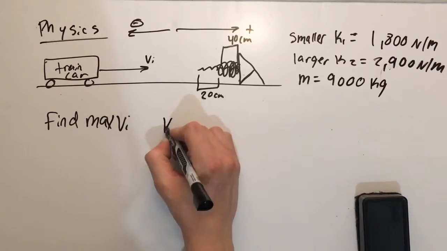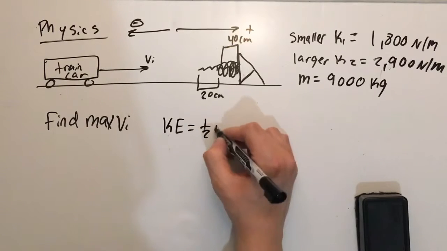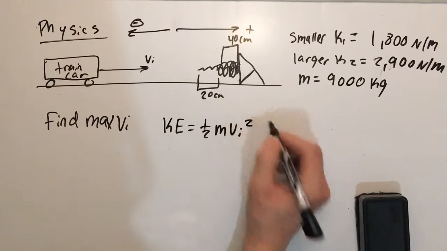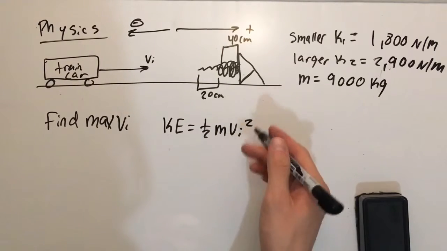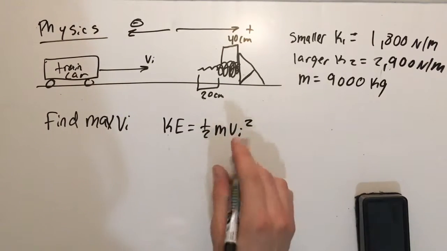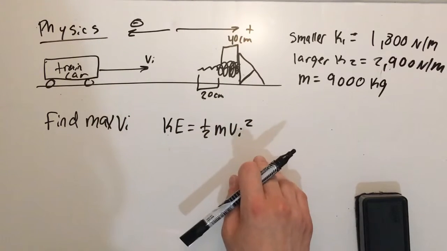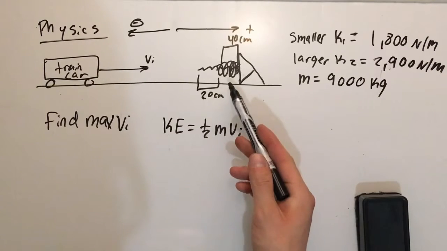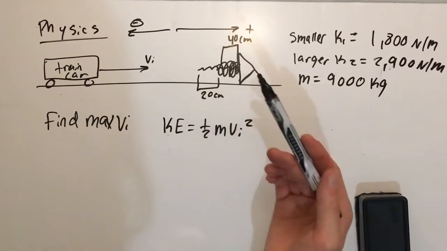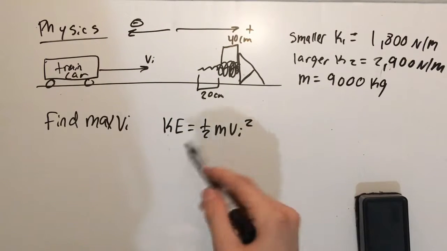And so the total initial energy of the entire system is the kinetic energy of that train car, which is 1/2 m v_i squared. Now, it's going to compress the spring, and all its kinetic energy is going to be transformed into the potential energy of this spring. When that happens, it will have no kinetic energy at all.